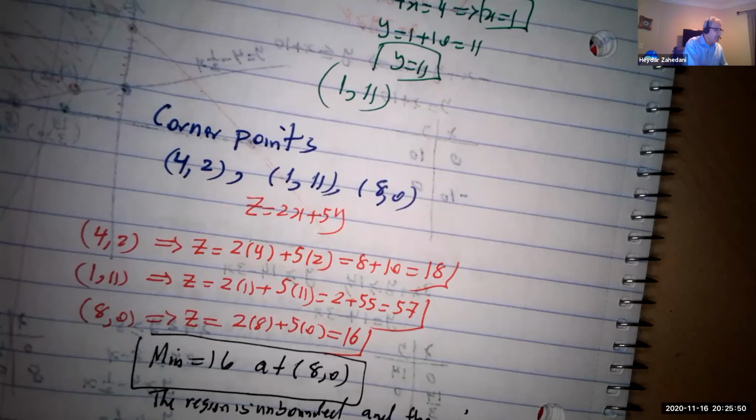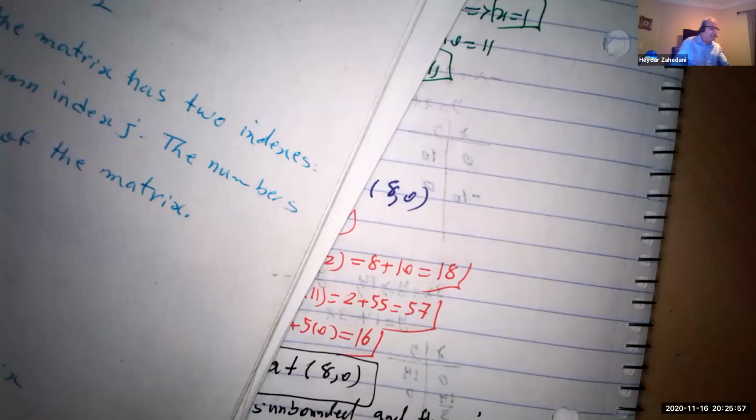Okay, let's get done with this section. Just checking, it must be 7.5 in your book.